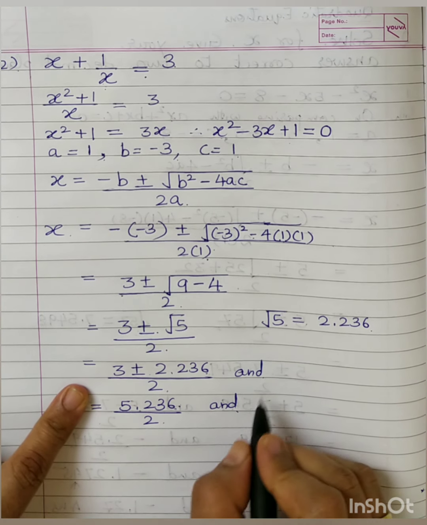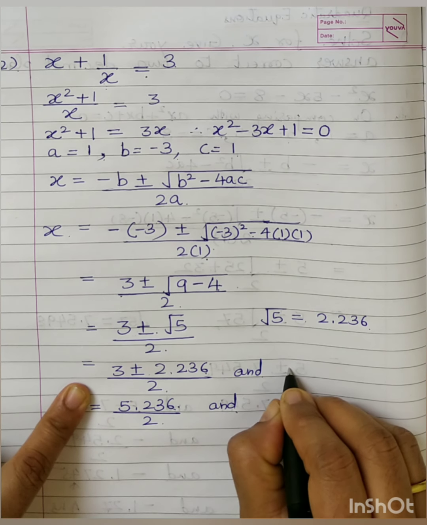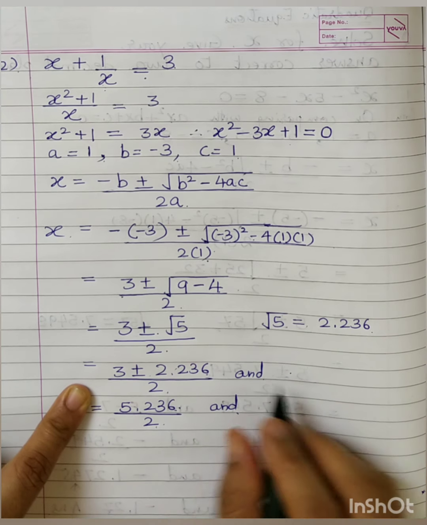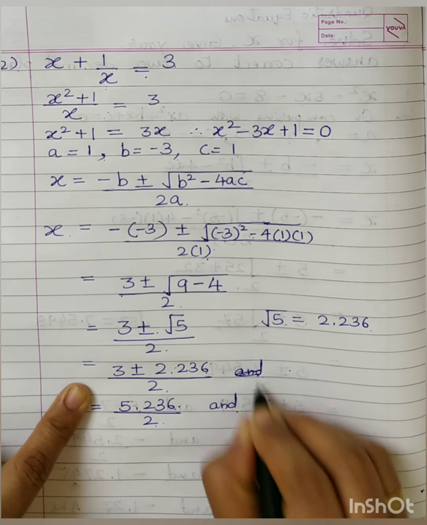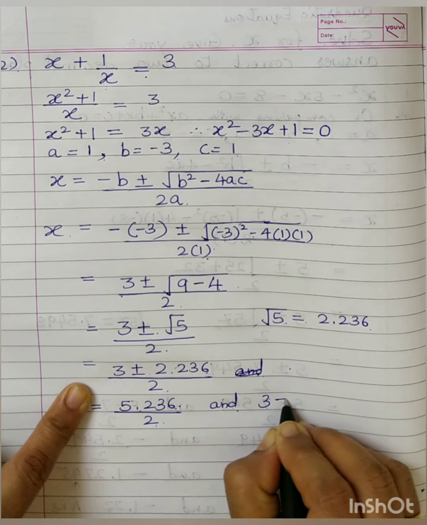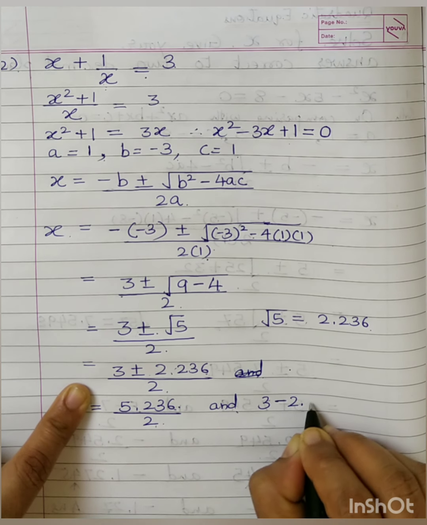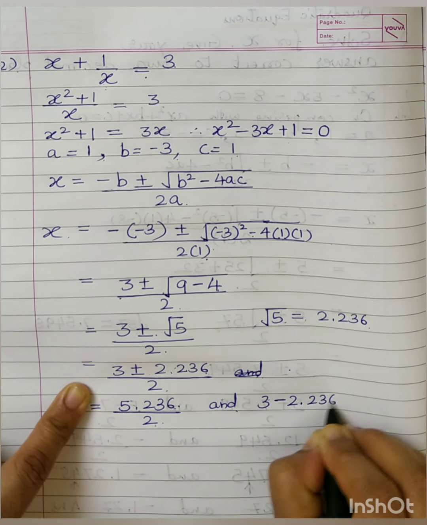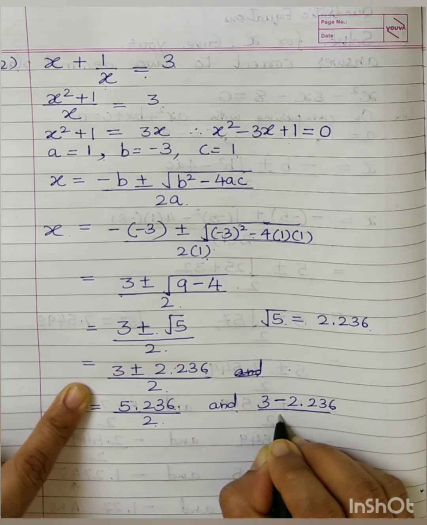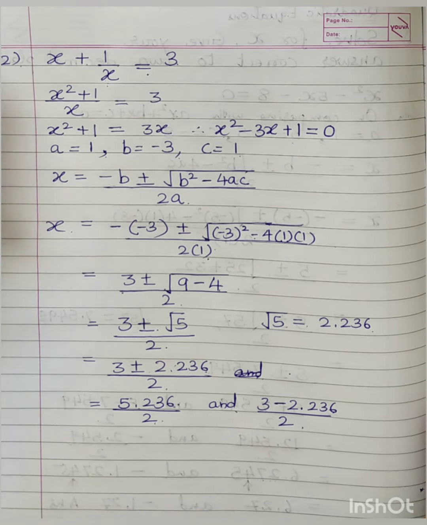Directly I have done the addition here actually. Addition I have shown directly, subtraction I will show you. 3 minus 2.236 whole upon 2.